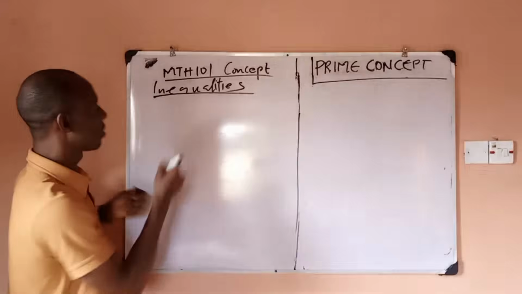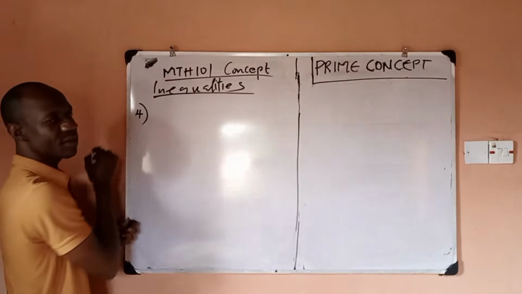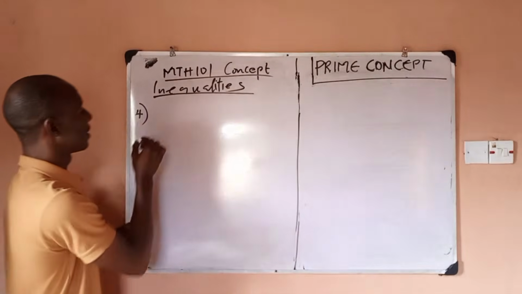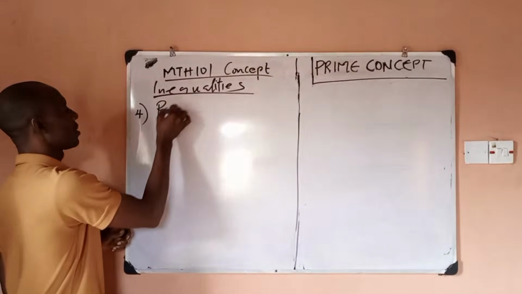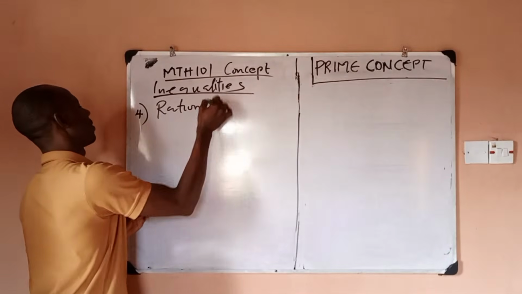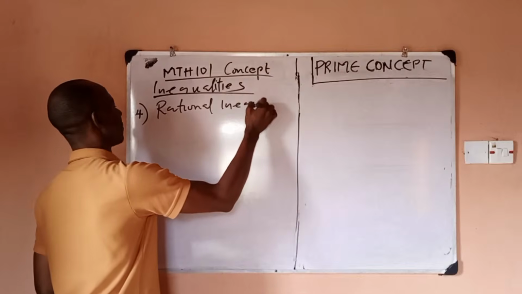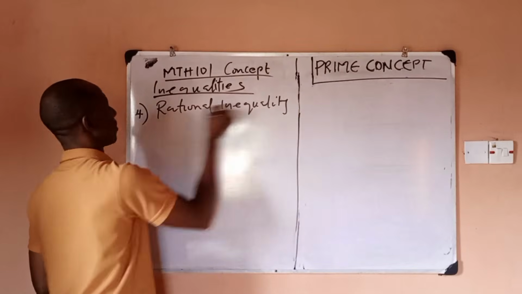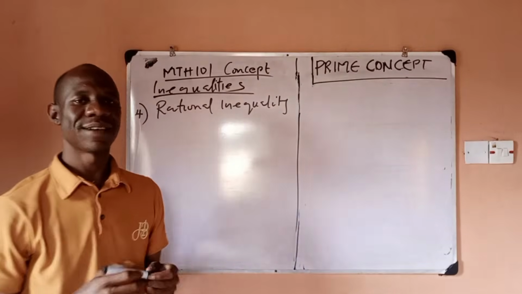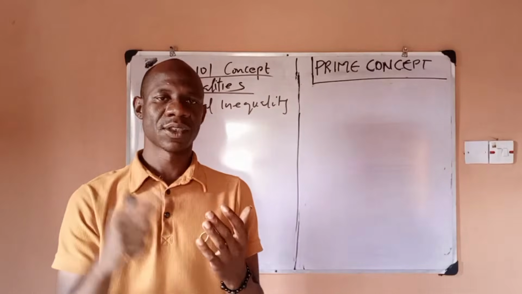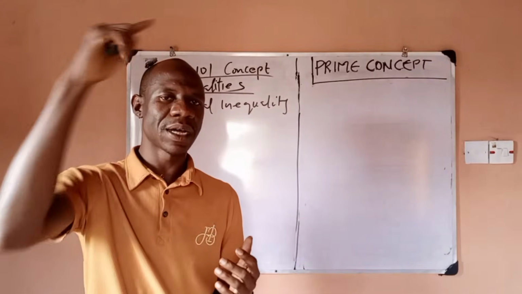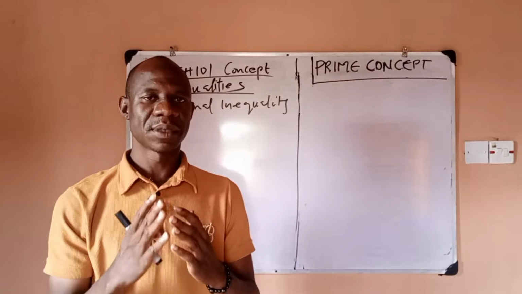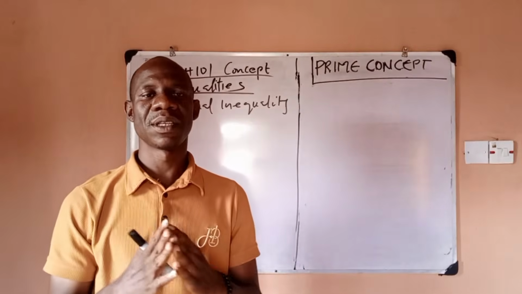Now, quickly, we want to look at the fourth part. The fourth part is what you call rational inequality. Anytime you hear rational, it means something that has a numerator and a denominator.